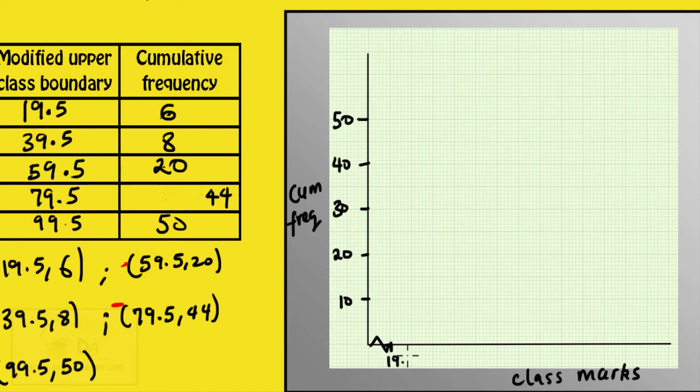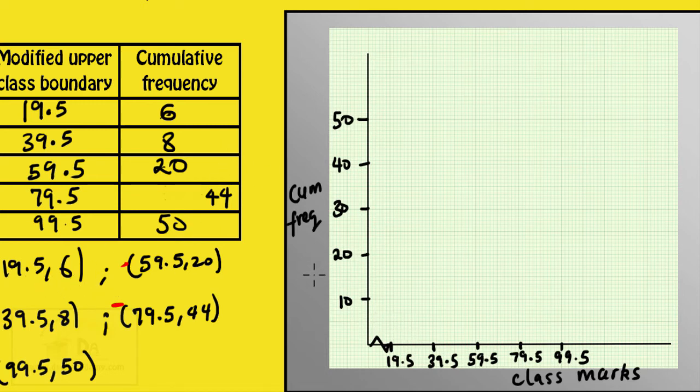I'm going to use an interval of 20, so the next mark is going to be 39.5, the next mark is going to be 59.5, 79.5, 99.5.